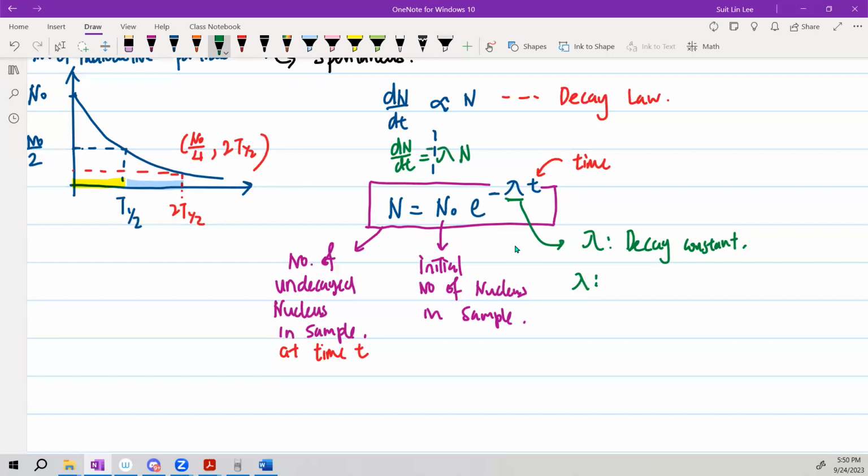There's a negative here to show that the value decreases. So this lambda is actually dN over N, if I bring this N over to divide. So dN over N is the probability of decay of a nucleus per unit time.